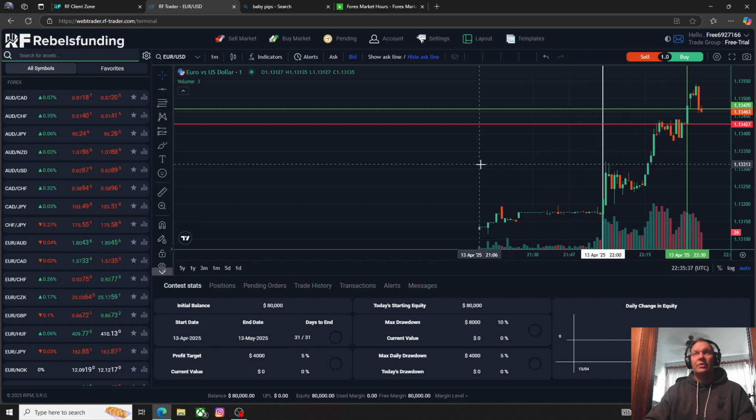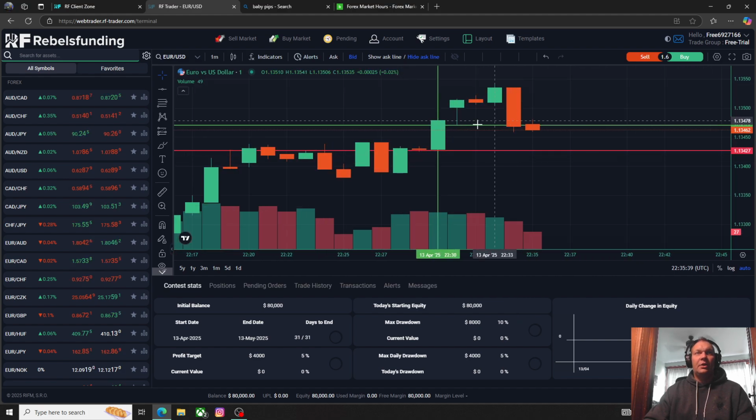Okay, so now if we zoom out or we zoom in, here you go. These are all 5-minute candles. So you got your first one, we're at the bottom of that. Second, third, fourth, fifth, we're at the bottom of that. So now this is going below.